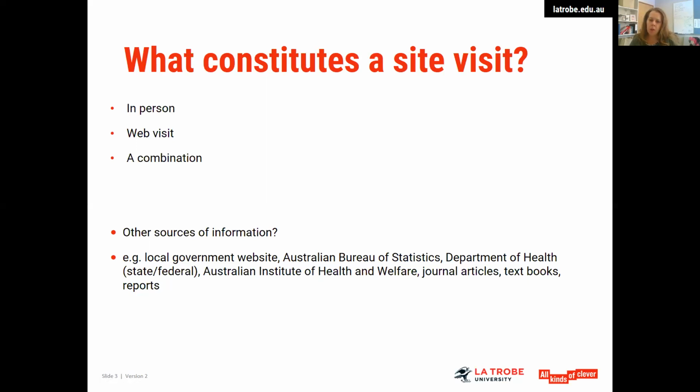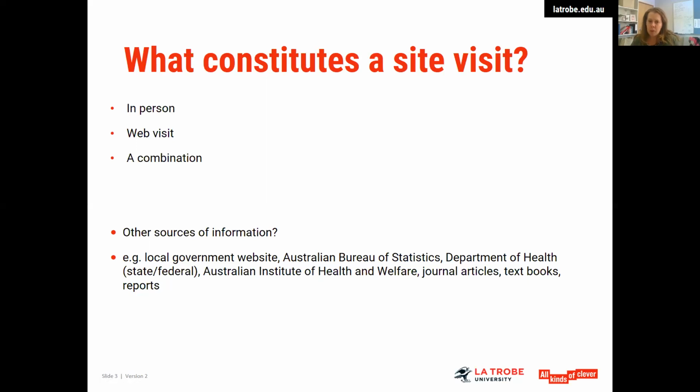And also don't forget that there are journal articles and textbooks and other reports or even electronic sources that you can be tapping into, particularly when you're trying to make those links to public health principles. So you will need to draw on a range of resources. Whatever resources you are drawing on, of course, need to be referenced appropriately.